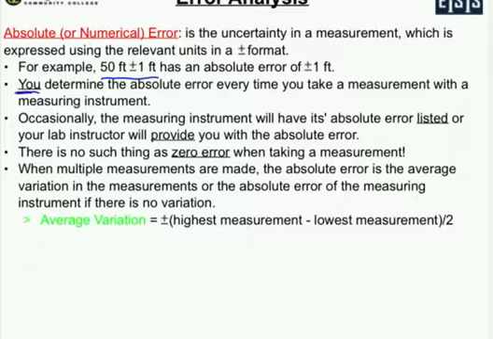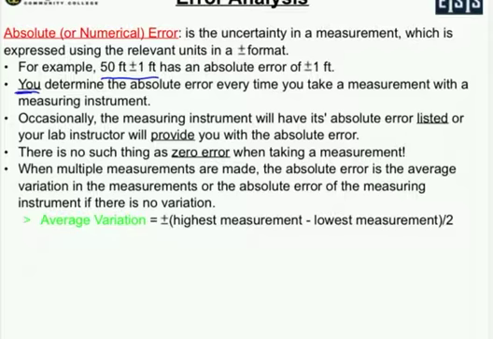I'm a tutor here, and I often have a student come in and ask me what the absolute error is for the ruler they used. And I have to tell them, it's up to you to decide what that error is. How good are you able to read that ruler? What is your plus or minus? If you're measuring in inches, how good of a value do you think you could read? So be cognizant that you'll be determining the absolute error.